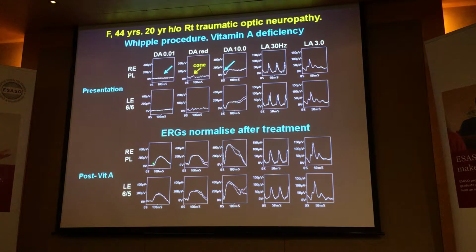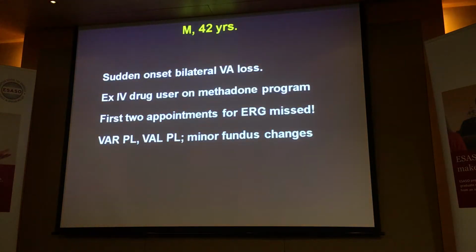And this process, if you give it intramuscularly, usually takes about 2, maybe 2.5 days to get virtually complete recovery of the rod system. S-cones take about 10 or 12 days.